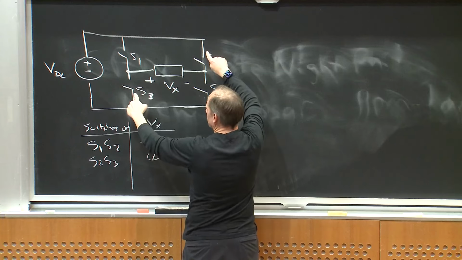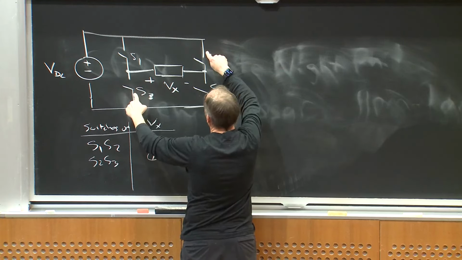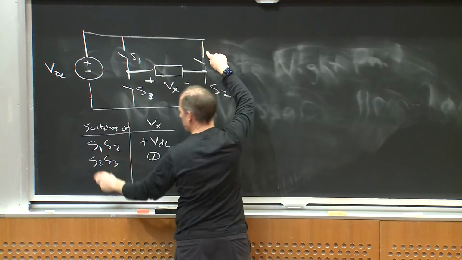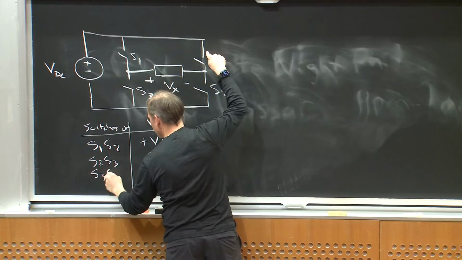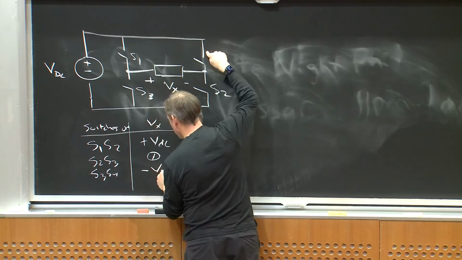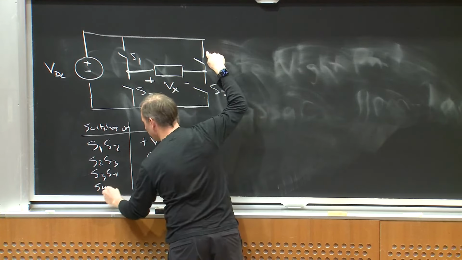If S3 and S4 are on, then Vx becomes minus VDC. And if S4 and S1 are on, the top two switches, I again get 0. So I have two ways I can apply 0 voltage across the load. I can apply a positive voltage and I can apply a negative voltage. So I can go one way, the other way, and there are two ways I can get 0.